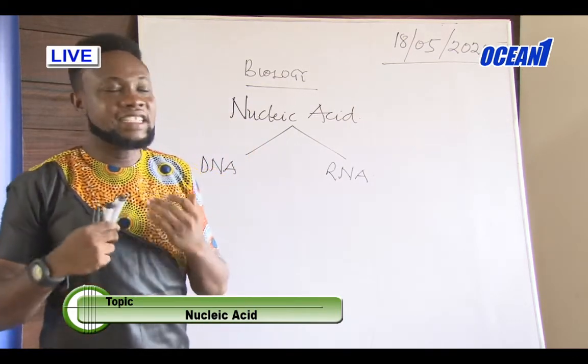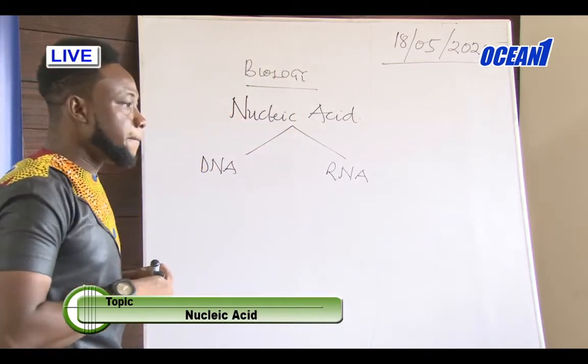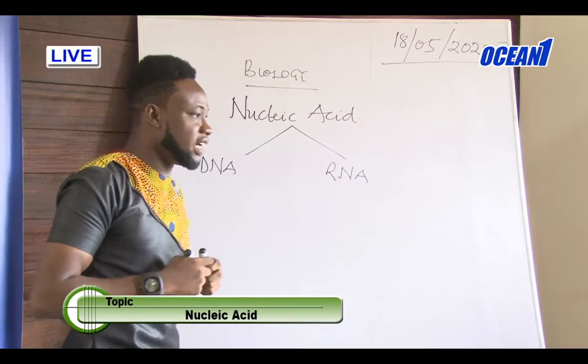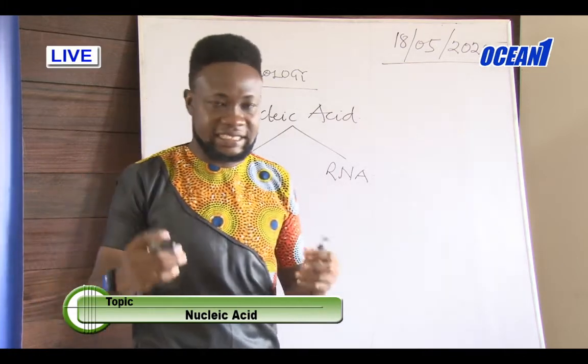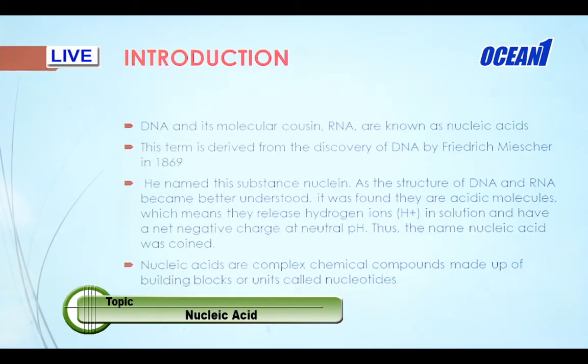Now, the term was derived from the discovery by Frederick Miescher in 1869. He named this substance nuclein, and the structure of the DNA and the RNA became better understood.